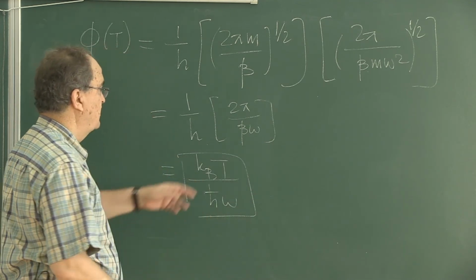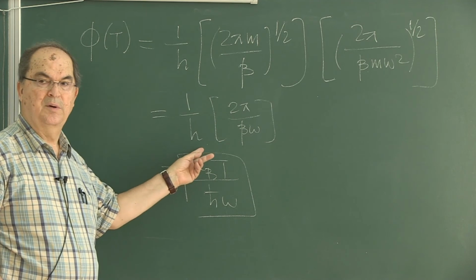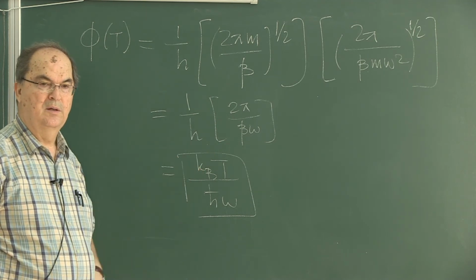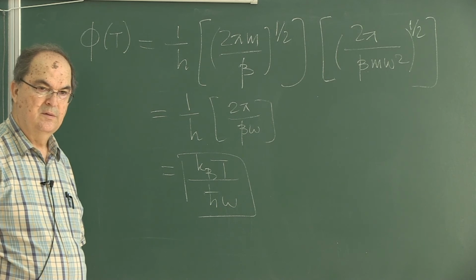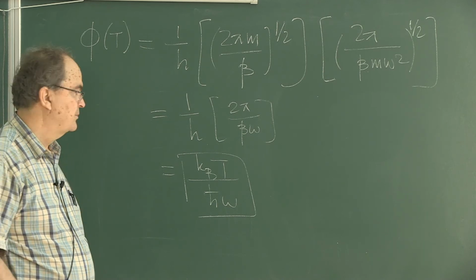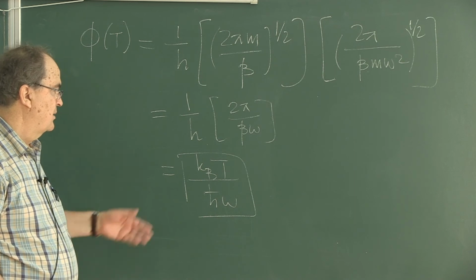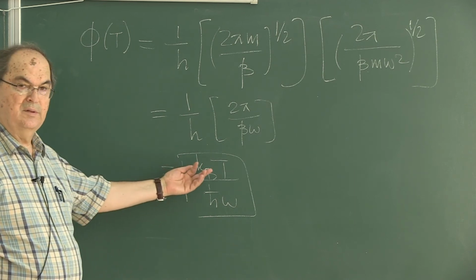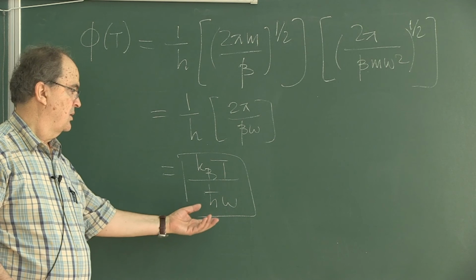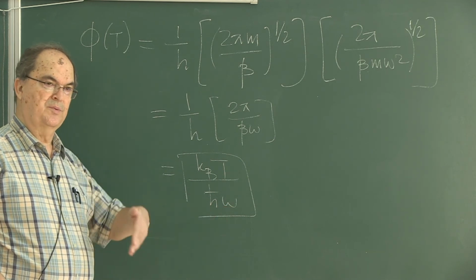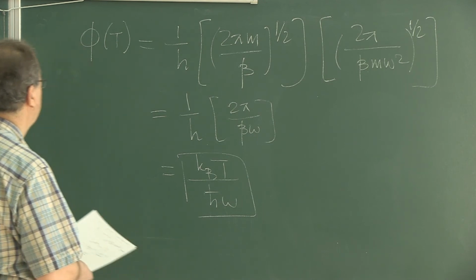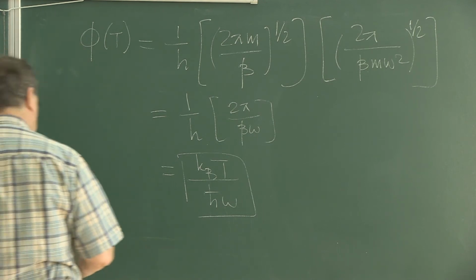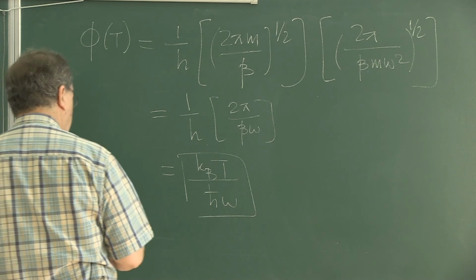So 2 pi h bar, h over 2 pi is h bar, isn't it? Very nice. kBT is thermal energy. This is the energy difference between levels, isn't it? h bar omega. So that's our result.